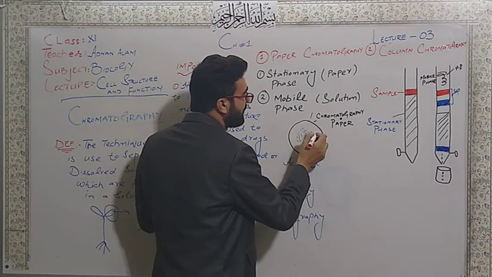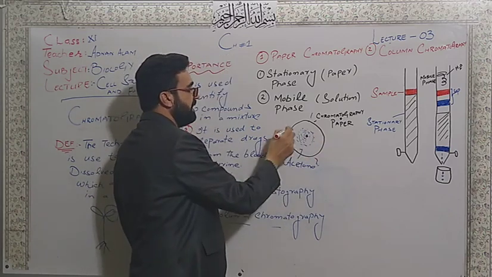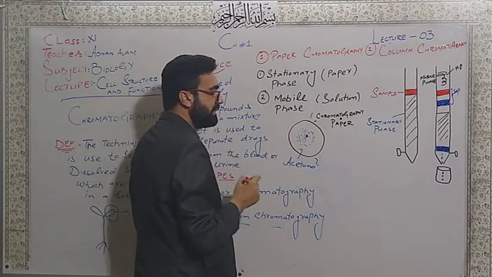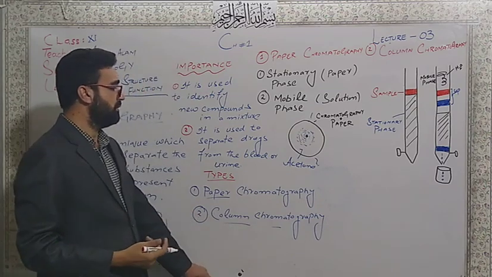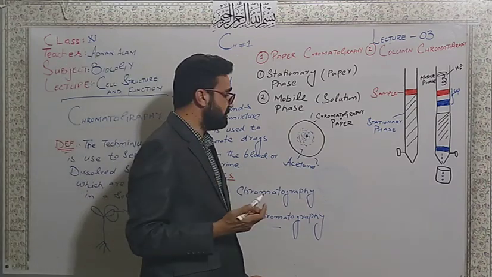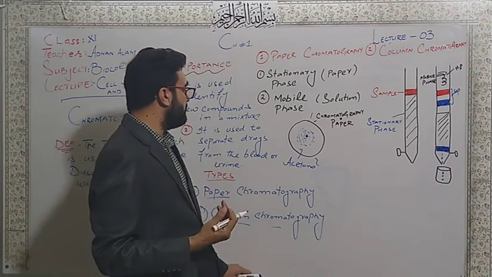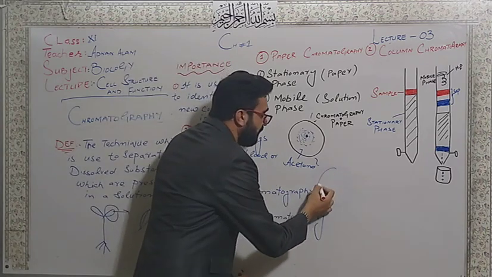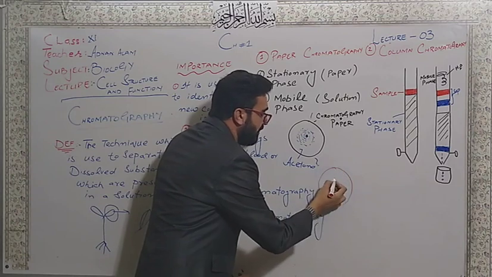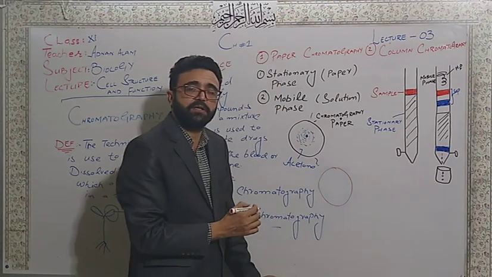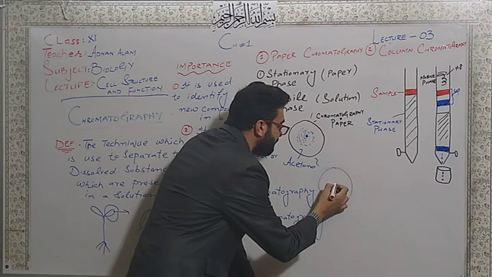On the basis of the colors, we can say that this is that compound or this is that compound. Usually in plant leaves, if we take the plant leaf extract, we want to find out what different types of compounds are present in the plant leaf extract.